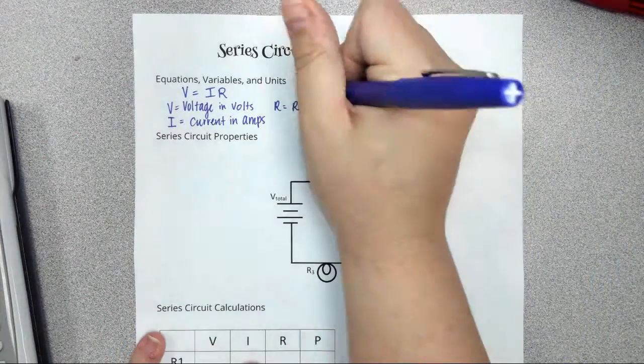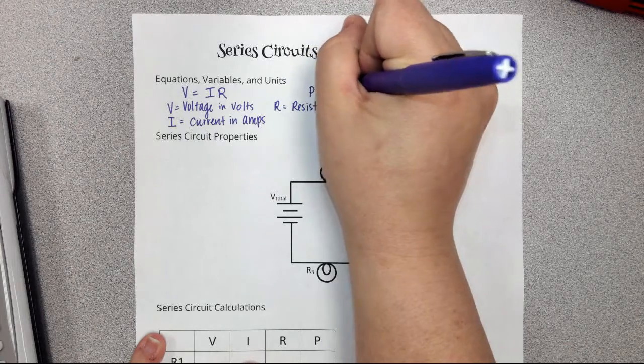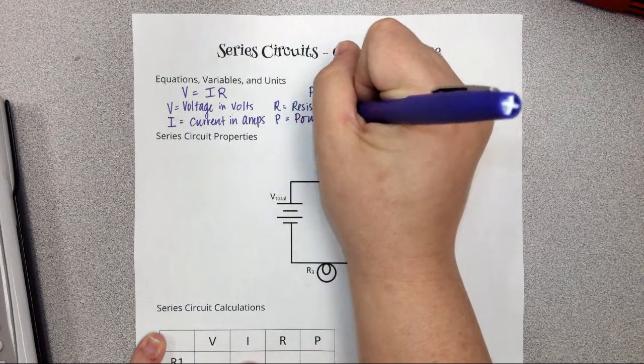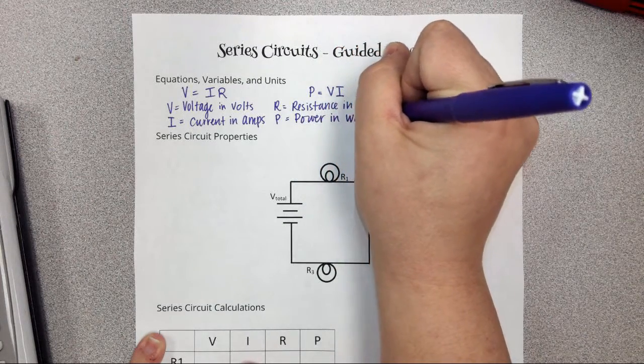The other equation that we need is P is equal to VI. That P stands for power in watts.